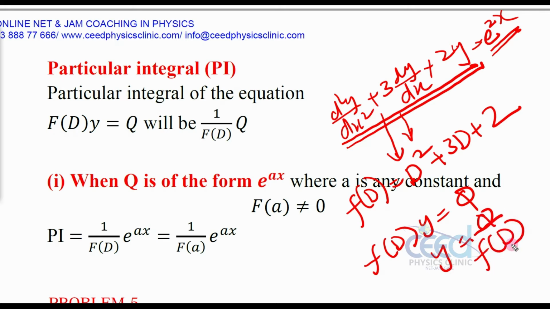Now if the function Q is e^(ax), then you have to substitute this a here instead of D. That is the method. When I do this problem, then you will get more idea.